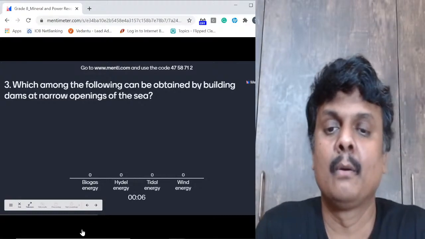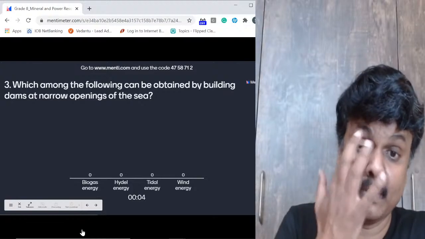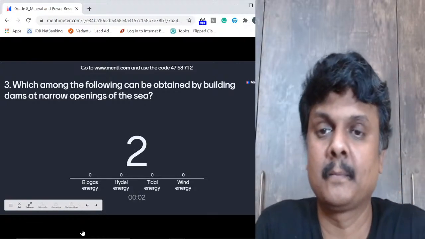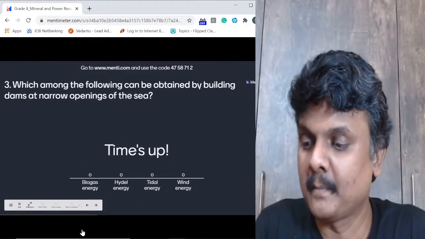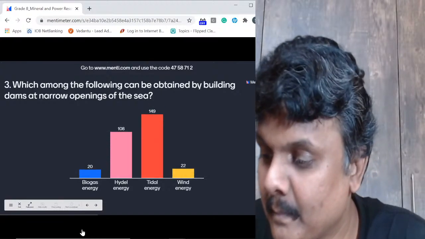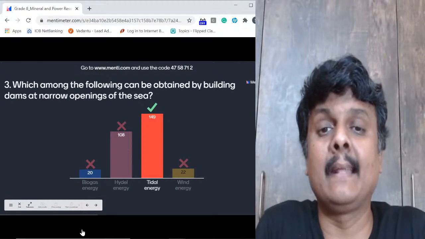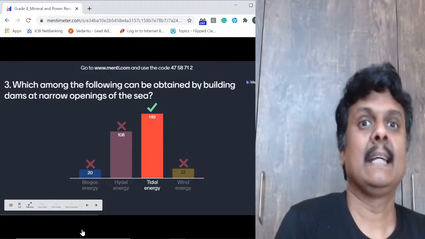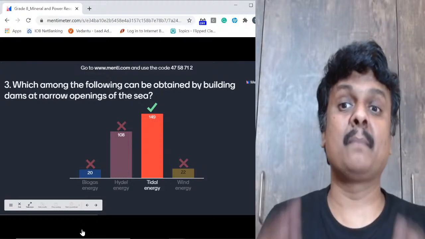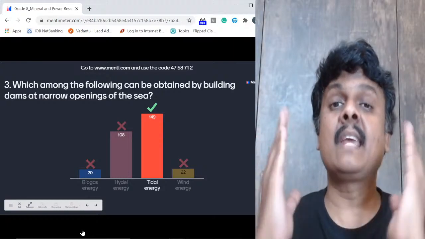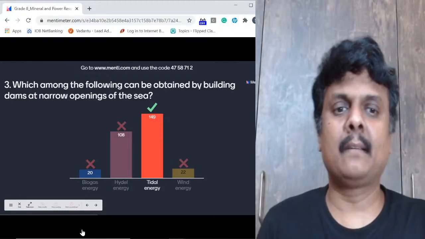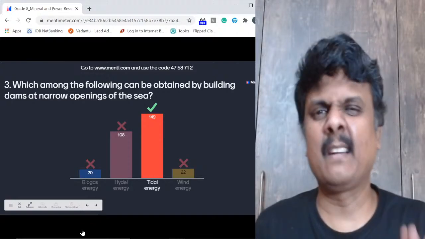Last 5 seconds. I don't know why you chose hydel. It is clearly mentioned, narrow openings of the sea. We don't generate hydroelectric power through the sea, guys, generally.